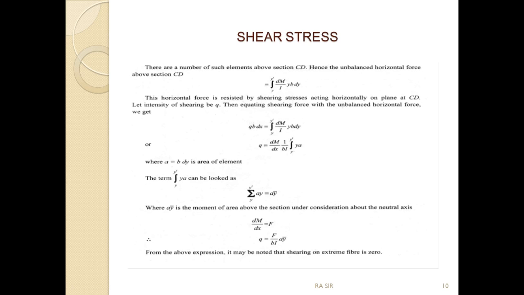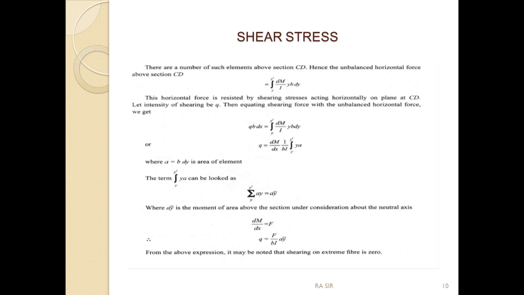So let us take this equation as the integration of dM by I, y to y dashed, y b dy. The unbalanced horizontal force is practically resisted by the shear stress in the horizontal direction, and the intensity of the shear is taken to be q.